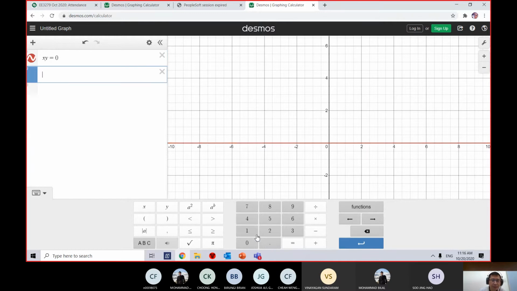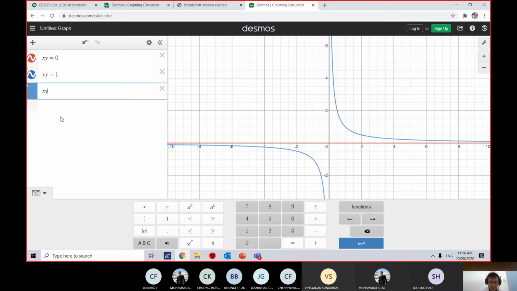Let's see what happens with xy equal to 1. You get the blue line, because on the screen here you have a red line and a blue line. The blue line represents the second equation on the screen. You can also type with your keyboard and continue until 5, as a simple finger exercise.